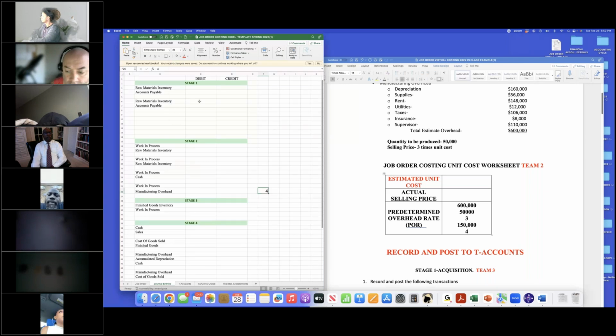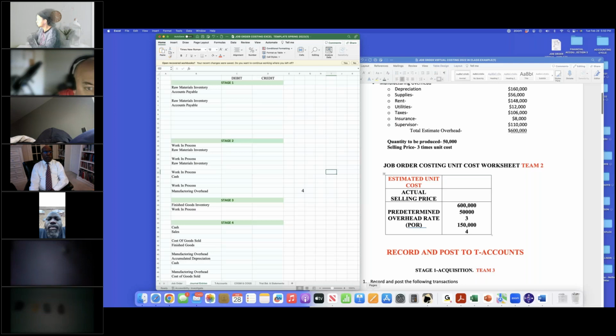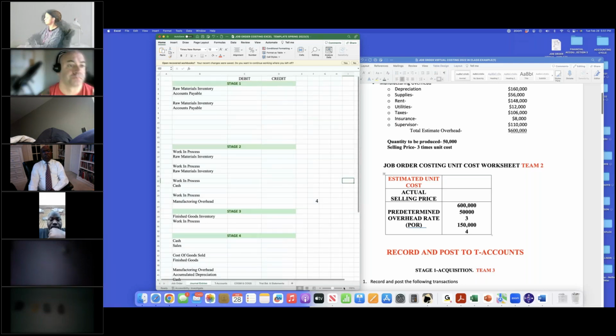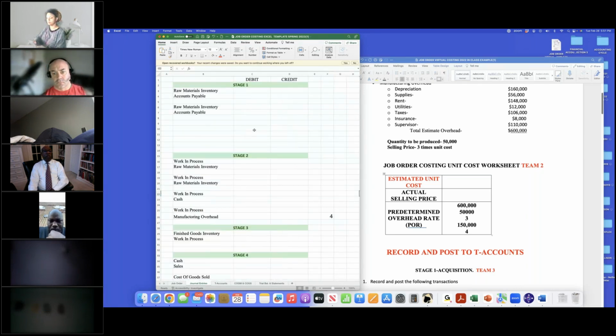Now, what you have here are the journal entries that we're going to make. And I'm assuming everybody can see these pretty well, right? Other than those preliminary journal entries, these journal entries won't change. You're going to be debiting raw materials and crediting accounts payable in stage 1 and stage 2.